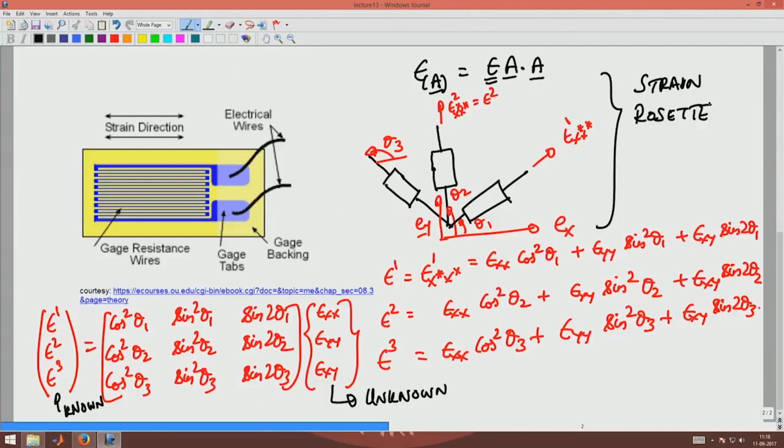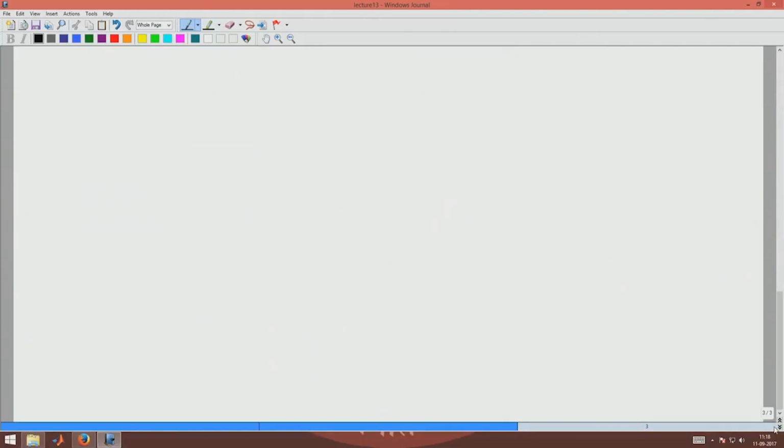There are different kinds of strain Rosettes, one which makes an angle of 45 degrees, where this angle is 45 degrees and this angle is also 45 degrees.